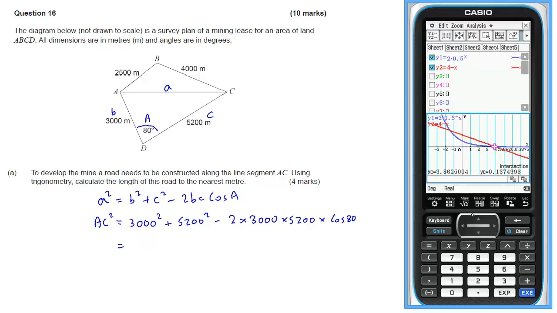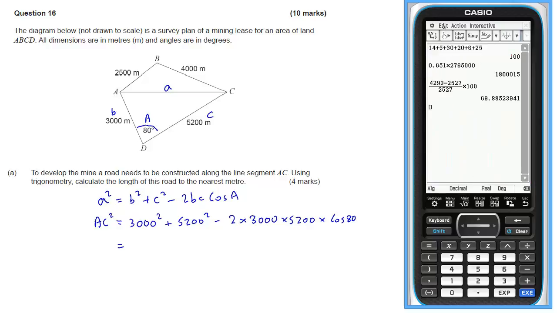So we need to be back on main, and I'm just going to clear anything that's there, and let's just make sure we're in degrees.